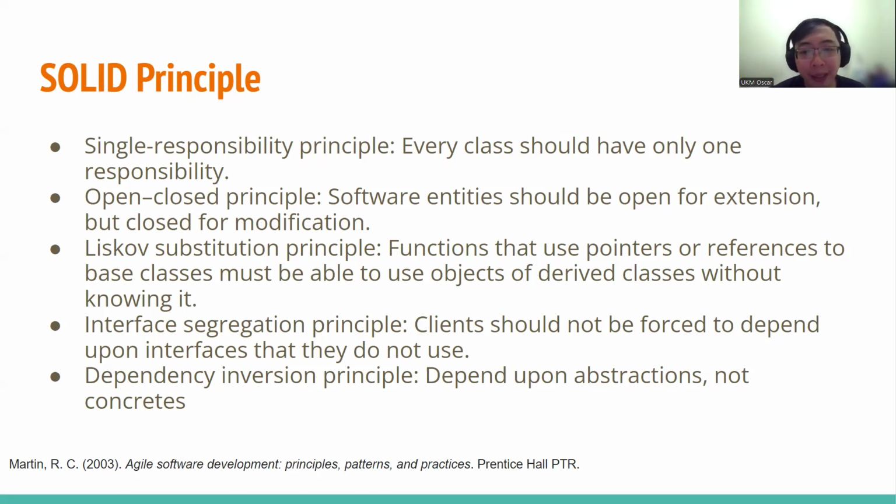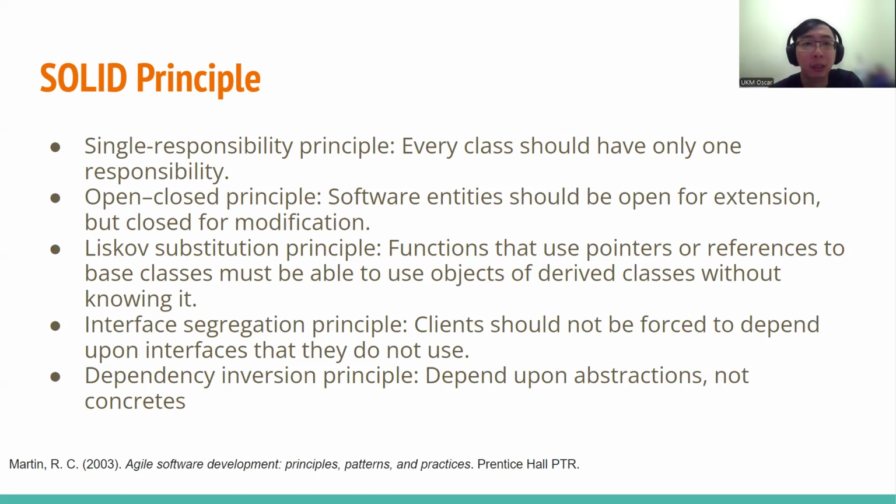We need to depend upon abstractions, not concretions. It is quite similar to the third one. When we make a software system, we need to consider abstraction so that it helps with extension and also, for the third principle, so that we do not need to understand the details of the derived classes.